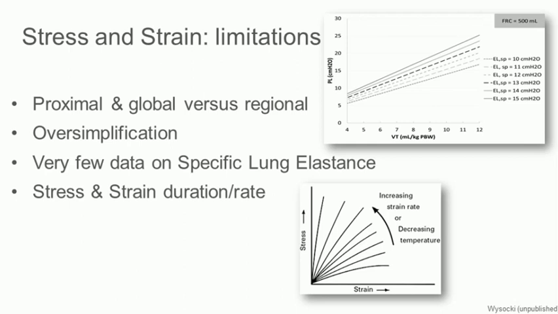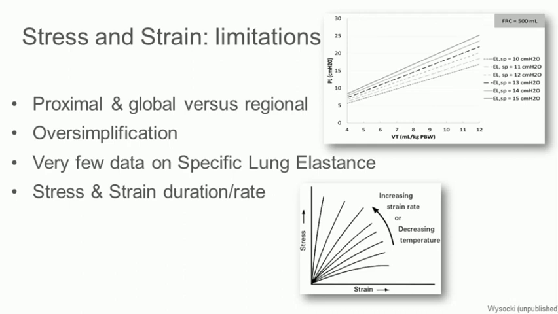Something I realized, that we may have time to discuss: I was searching quite deeply for more information about the specific elastance in our patients, and honestly, there are very few publications on that.